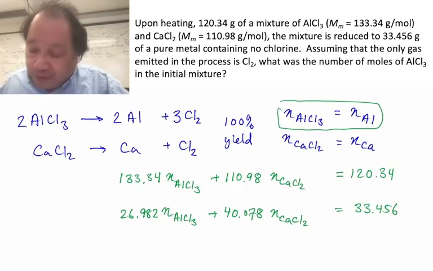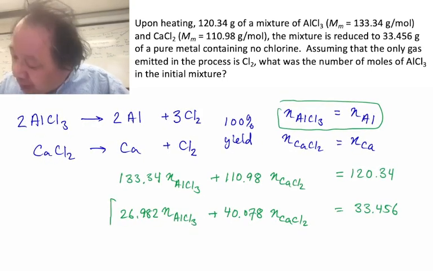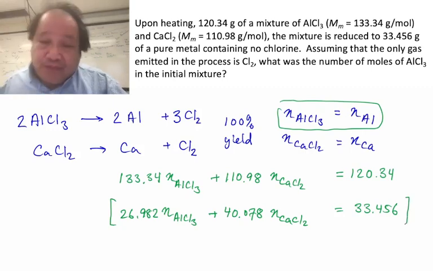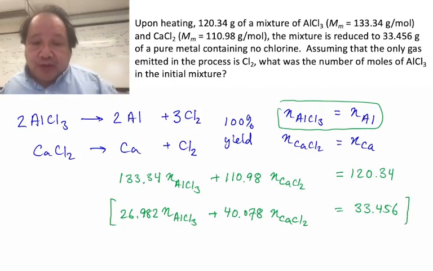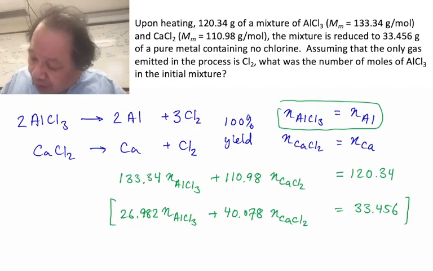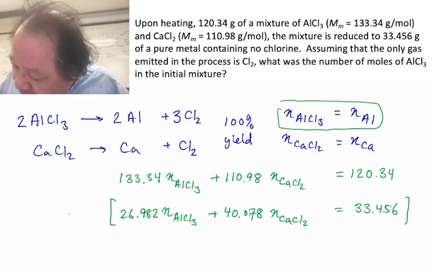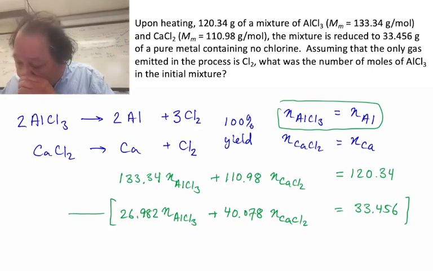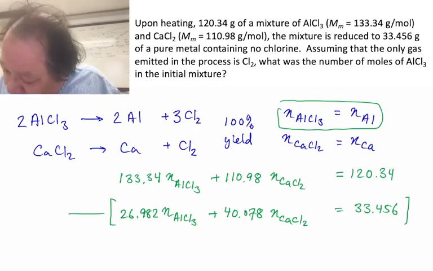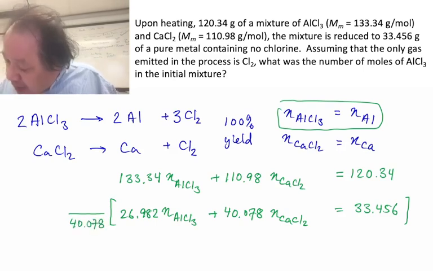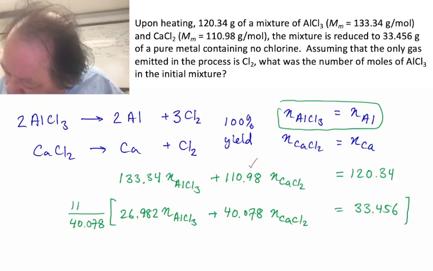And the easiest way for us to now treat these two equations is, since we have really very big numbers, we want to move them around as little as possible. And the way that we're going to do it is we want to get rid of the number of moles of CaCl2. So I'm going to divide the second equation by 40.078. And then I'm going to multiply by this number here, 110.98.